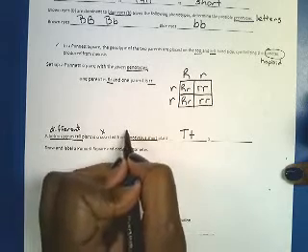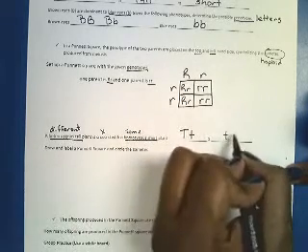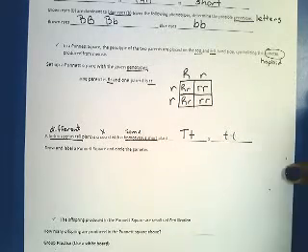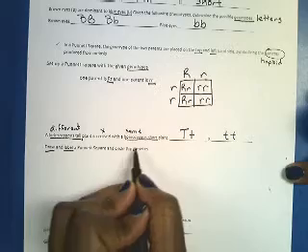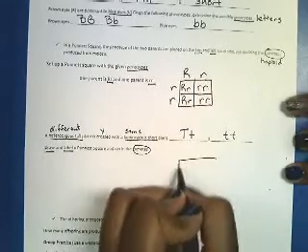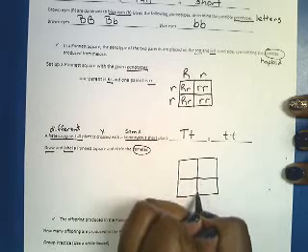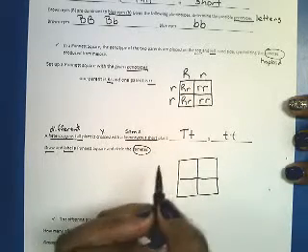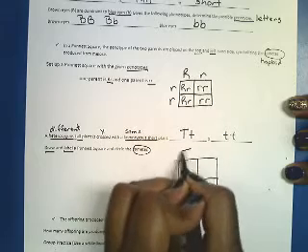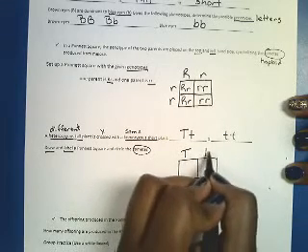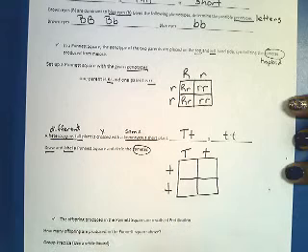So homozygous is same, and short is recessive. So that means we need two little t's. It says draw and label a Punnett square, and then circle the gametes. So here's my Punnett square. And then we're going to put these parents on it. So big T, little t, little t, little t. Like that.